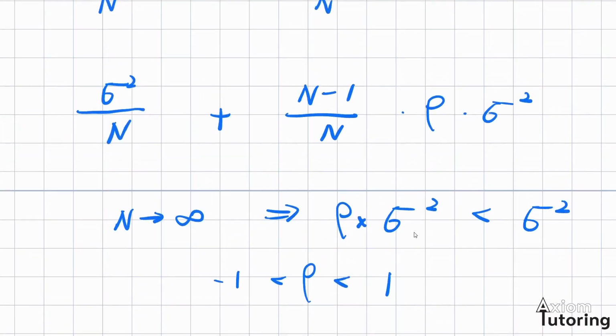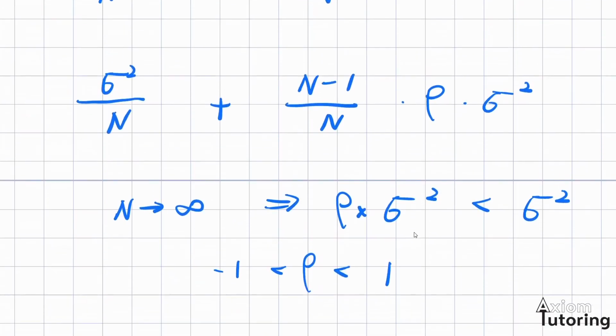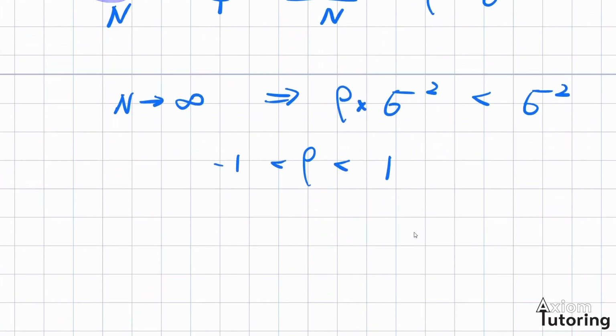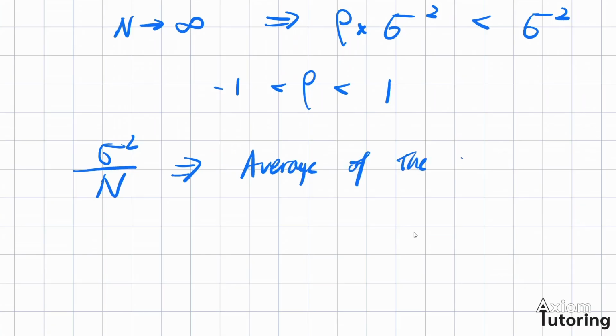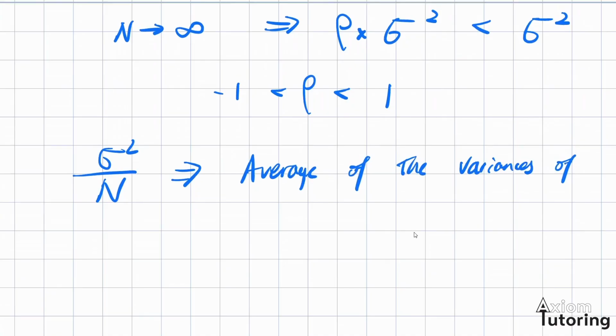And then we can further conclude that, let's take a look at this part here. This is basically the average of the variances, because that's sigma squared divided by n here, right? We call it the average of the variances of the individual stocks, right?